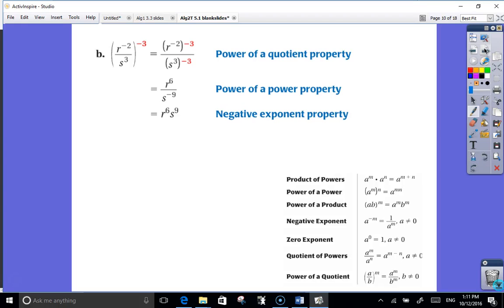And S to the 3rd to the negative 3 is S to the negative 9th. But then we don't want negative exponents, so we have to do one more thing to get rid of the negative 9 exponent. And what do we do? We flip it. Right? That's the negative exponent. So R to the 6th, S to the 9th.